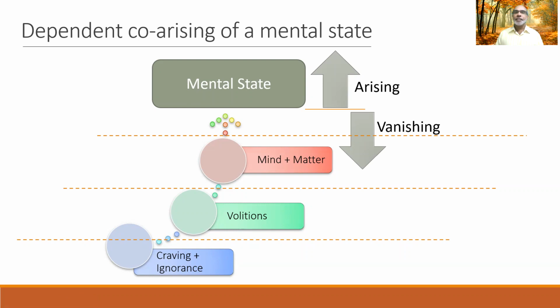So when the volition dies or a new volition arises, the previous mental state may vanish or pass away. So you can see when these causes are absent, or when they die down, the particular mental state will pass away.